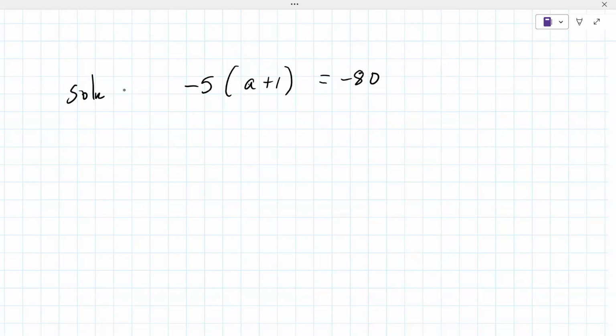A equals 15. Yeah, that is correct. Very good.